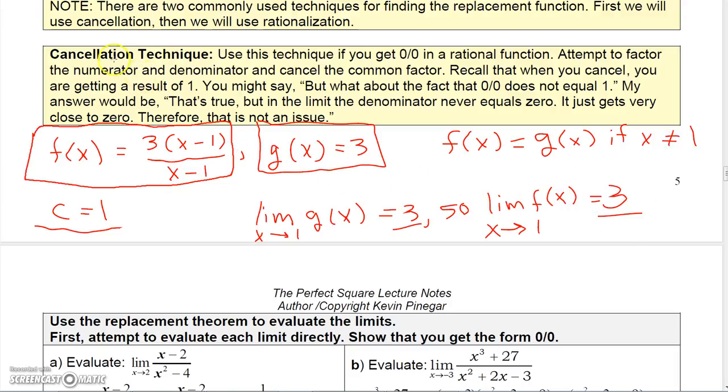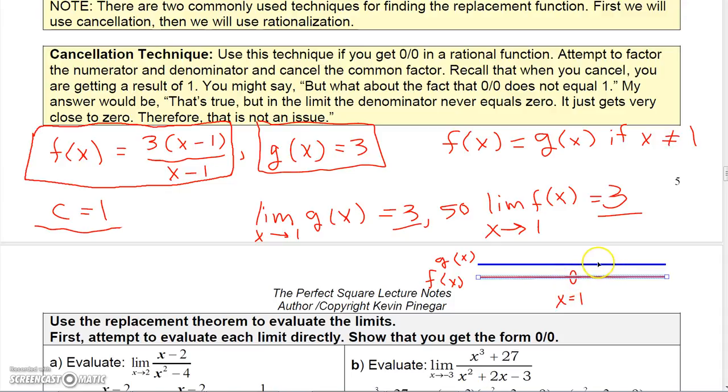Now, if you graphed this, here is what you would find. If you graphed f of x, you'd get a horizontal line at y equals 3, but at x equals 1 there's going to be a hole in it, at the point (1, 3).